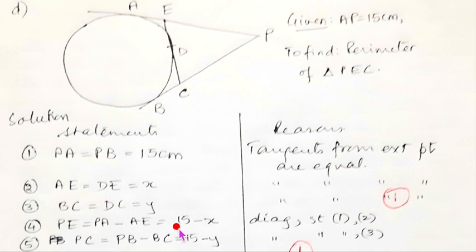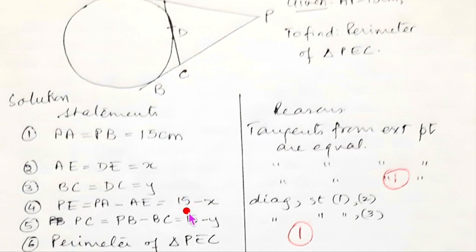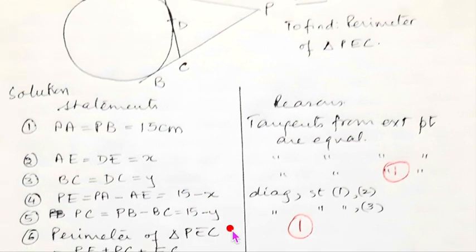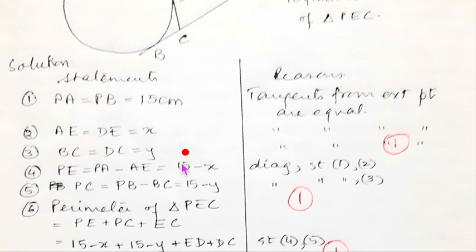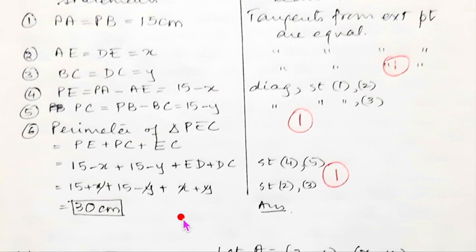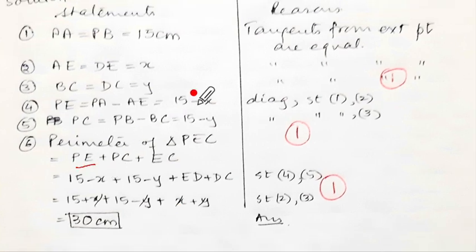So that becomes 15 minus X, and your PC from here to here will be this full thing minus this. Now this is going to be Y. So your PC becomes equal to 15 minus Y. Now perimeter of PEC is going to be PE plus EC plus PC, which is what I've written. And then this PE value is here.